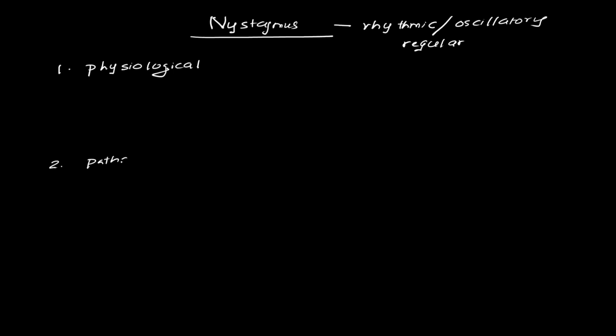Now, for physiological, there are a few types that you come across. One thing that you already know is that it is usually seen at end gazes. It could be up, down, right, left, anywhere at the terminal state of the end gaze, you would see a nystagmus.